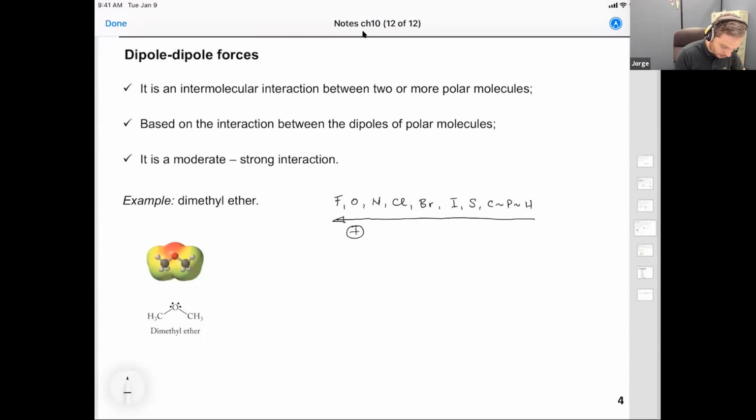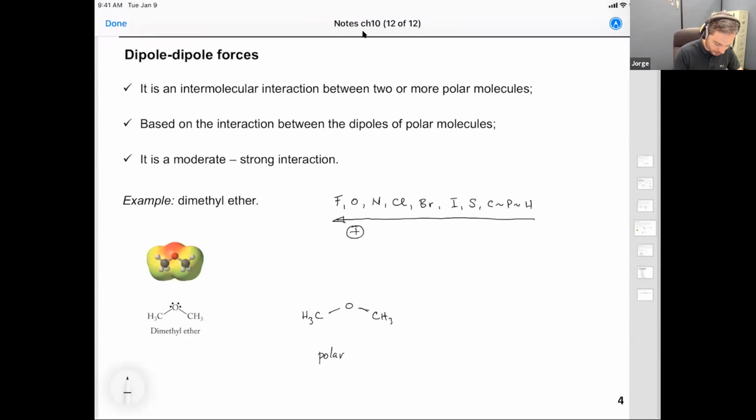Okay, let's look here at the dimethyl ether. Dimethyl ether is H3C bonded to oxygen and then bonded to another H3C group. Okay, so this is an angular shaped or V-shaped or bent molecule. So therefore, it is a polar molecule.